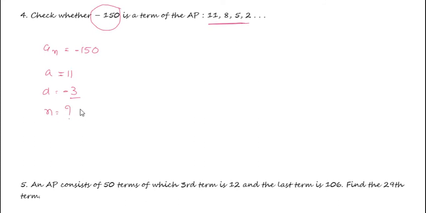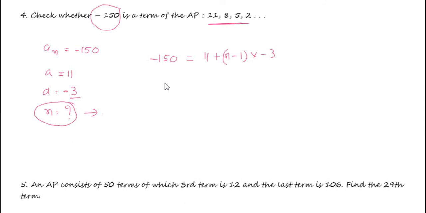When we find out n, if you get an integer, that means minus 150 is a term of this AP. If you do not get an integer, then minus 150 is not a term of this AP. Let us solve. Minus 150, that is an, equal to a, which is 11, plus n minus 1 into d, which is minus 3.